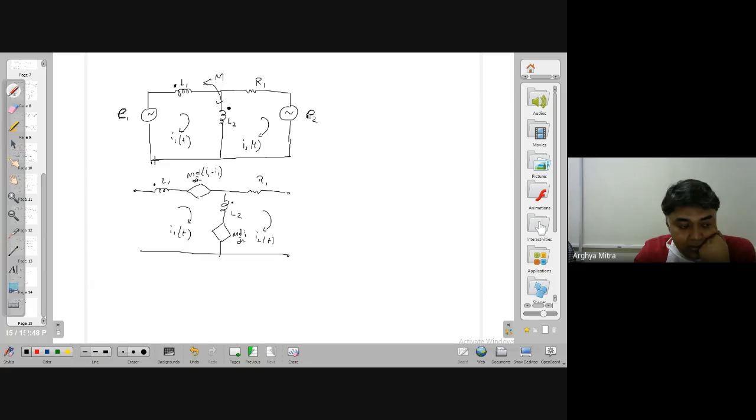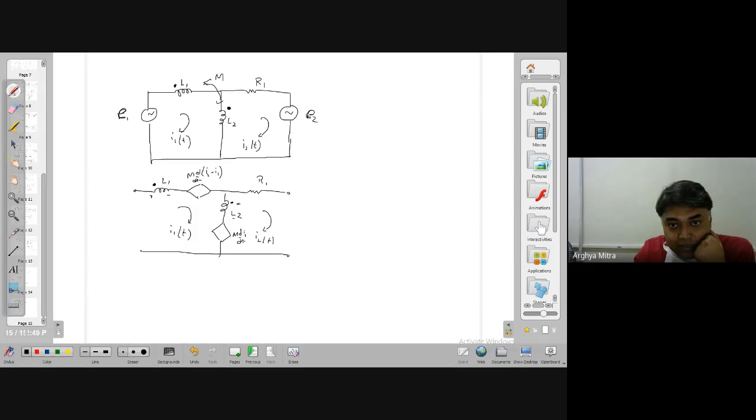Okay. So for this particular case, the current is entering, right? Current is entering, so I am considering this as positive. So if this is positive, then this is negative. So if this particular dot is positive, then this particular dot will also be positive, and this will be negative, right?